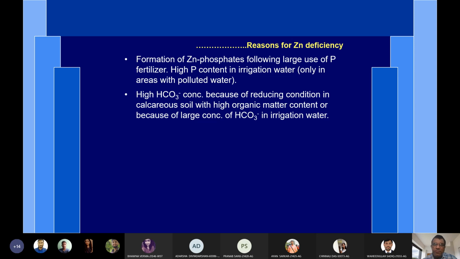Under these conditions, phosphorus will further suppress the uptake of zinc. And if you have very high levels of zinc and less level of phosphorus in soil, in this case, this zinc will suppress the availability and uptake of phosphorus. So whosoever is relatively in large amount will suppress the other.